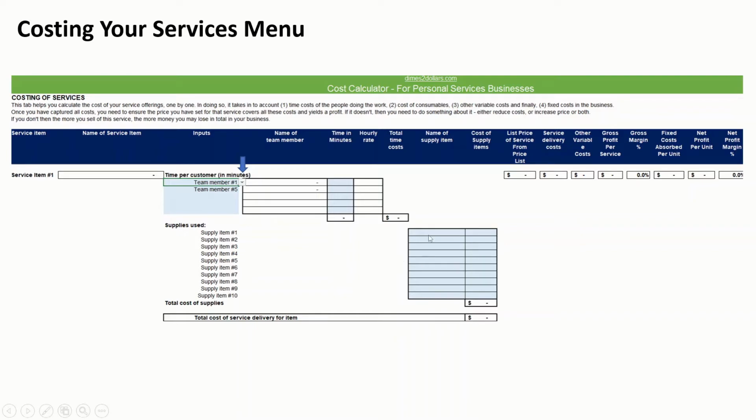Put in the name of the consumable and your estimated cost, even if it's a couple of cents, doesn't matter. Just put that in. So between the time cost and the cost of supplies, this file helps you calculate what the total cost of service delivery is for that service item.